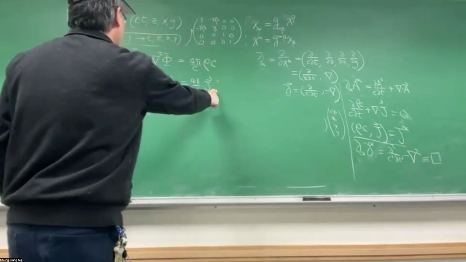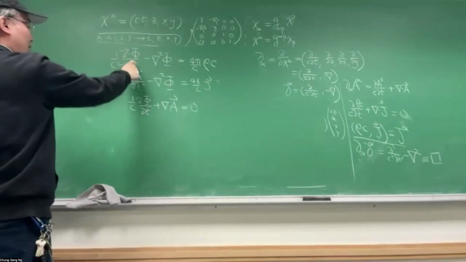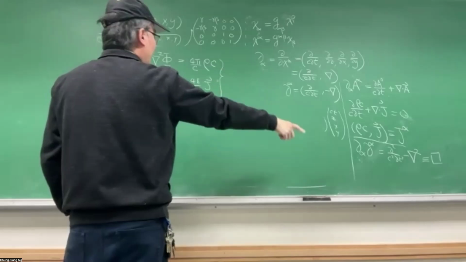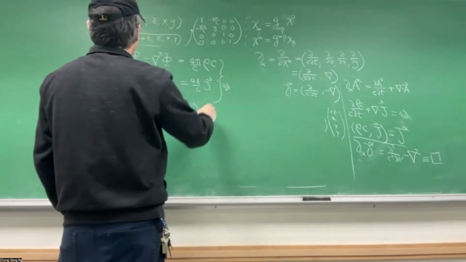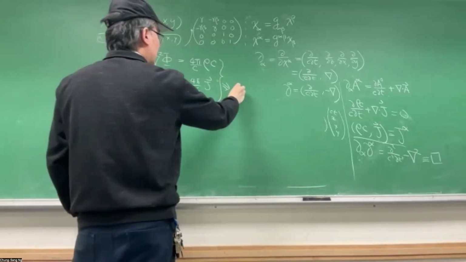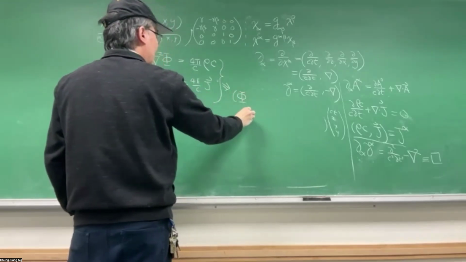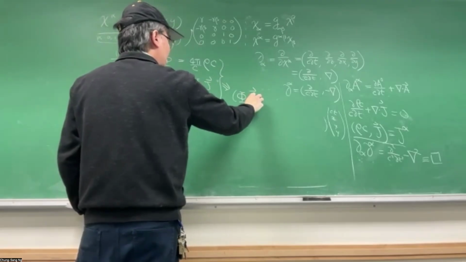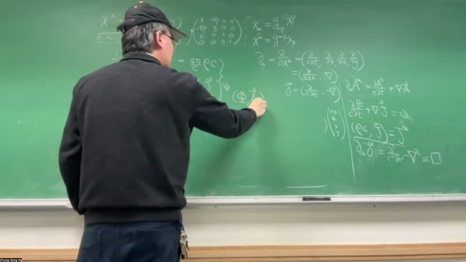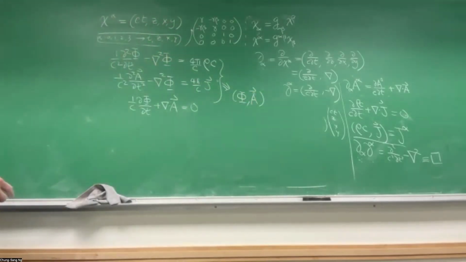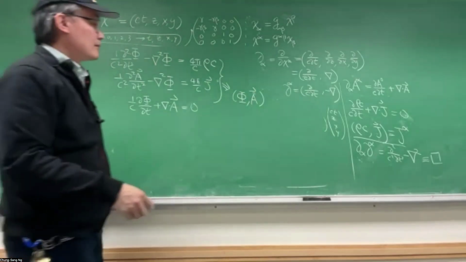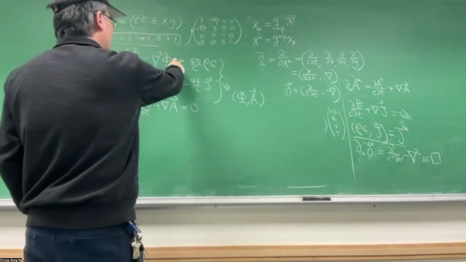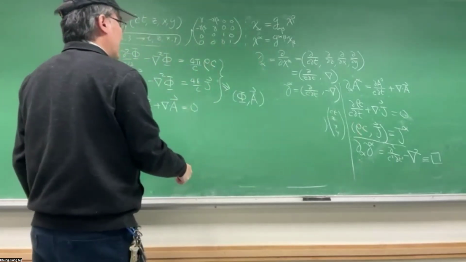The right-hand side is invariant. So the combination of phi and A should also be invariant. So you can combine that and compare with that, and then satisfy yourself that the electric potential and the vector potential, the magnetic potential, form a four vector. Okay, because rho times C and J, the combination of that forms a four vector.